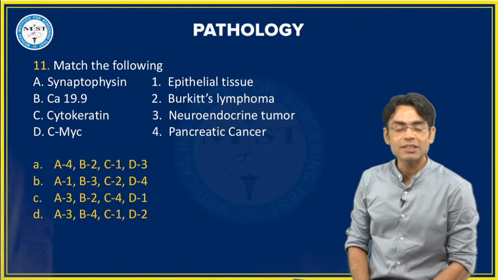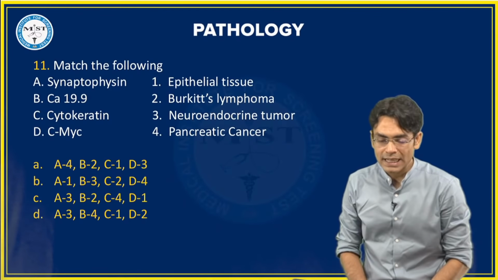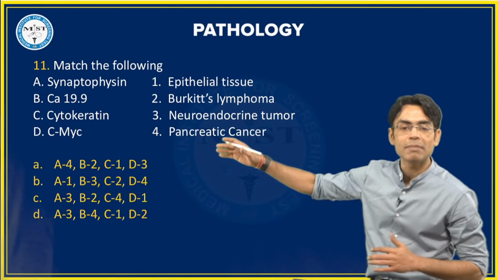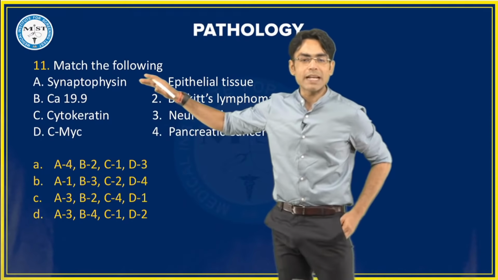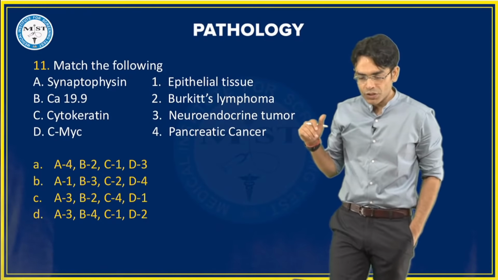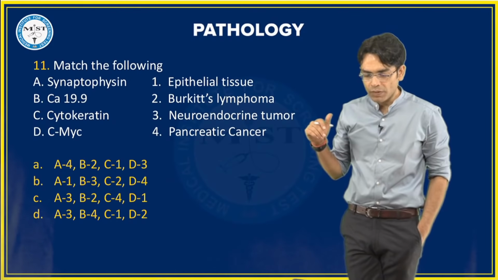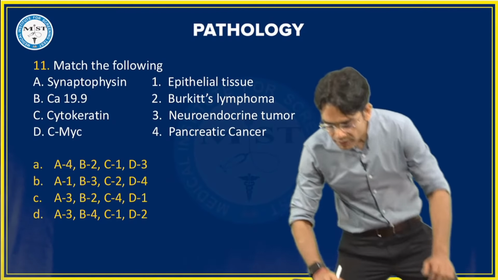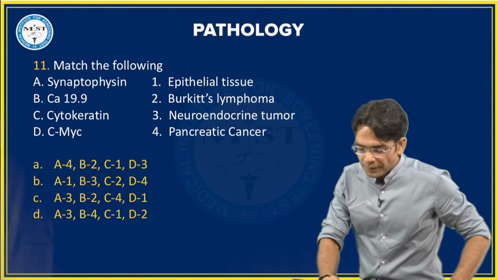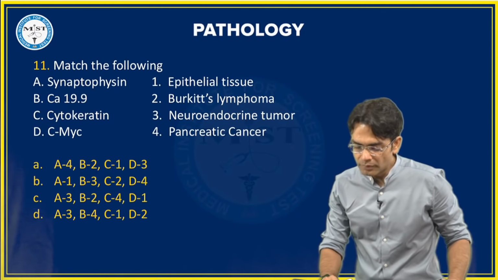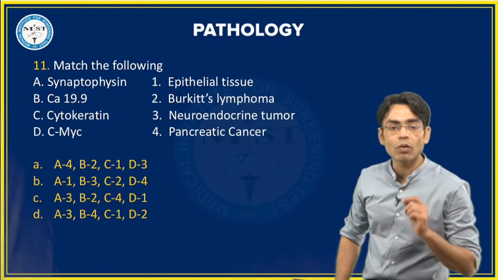Let's do match the following. Question number 11. Synaptophysin. Look beta, we have to match this. What is synaptophysin for? So let's talk about this. Synaptophysin is for which one?